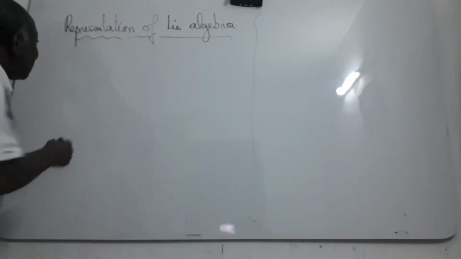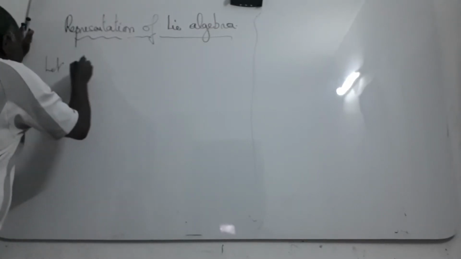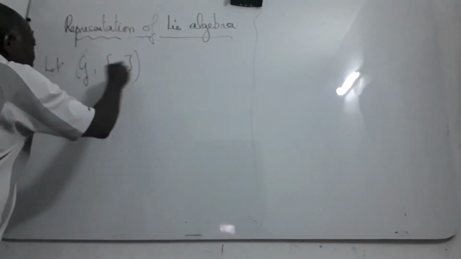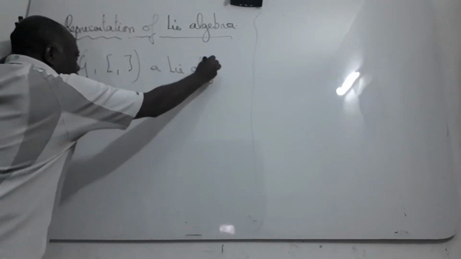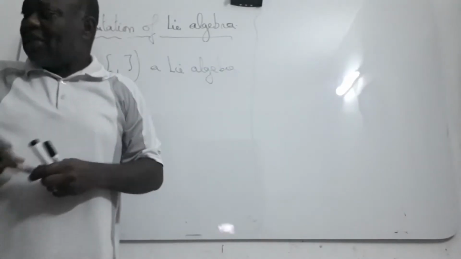I'll tell you about the representation of Lie algebras. Let g be a Lie algebra like this, with this bracket. I'll change the marker.